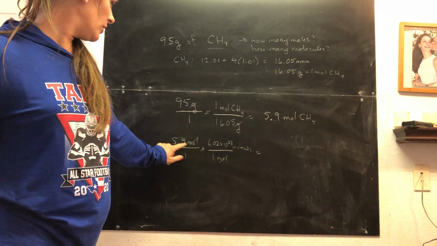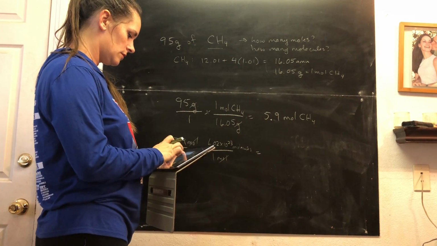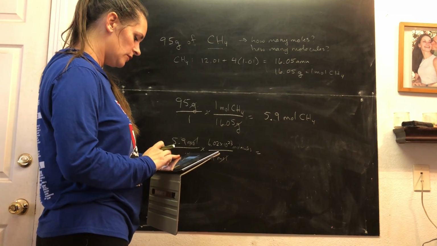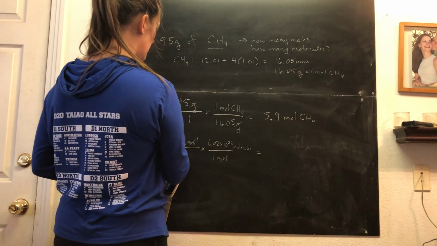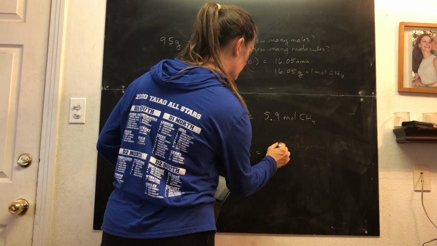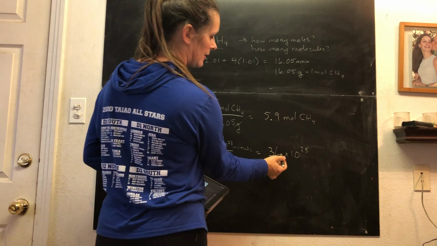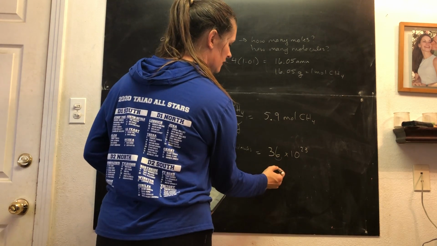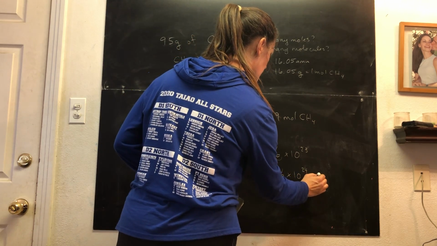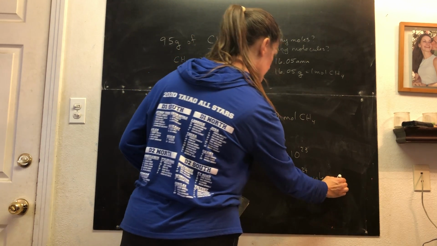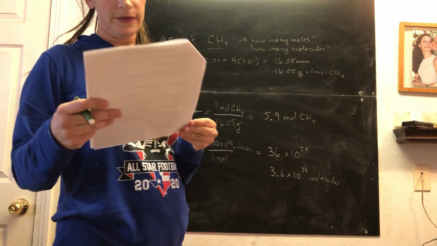So now I can do 5.9 times 6.02. 5.9 times 6.02 is 35.518, but I only have 2 significant figures, so I need to round that to 36 times 10 to the 23. Now I can move my decimal over 1 more, and this is going to be 3.6 times 10 to the 24 molecules. Okay? So that's pretty elementary, right?